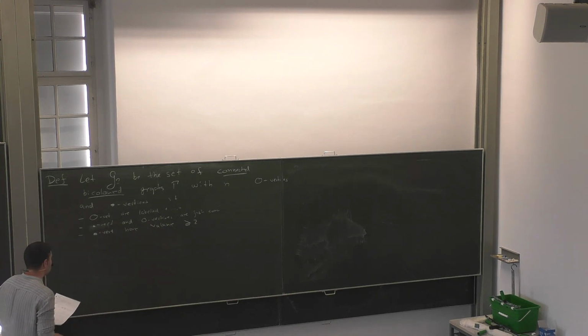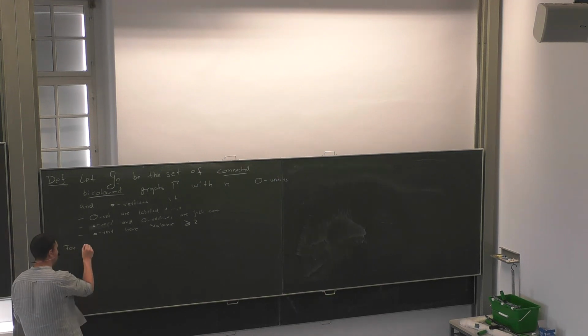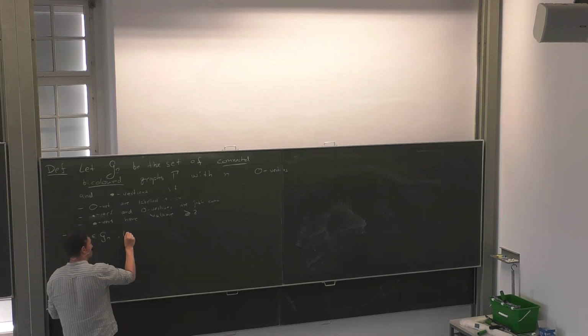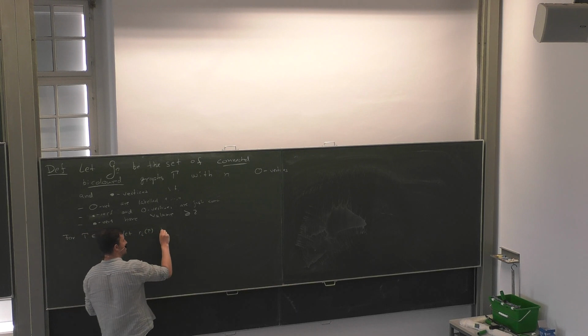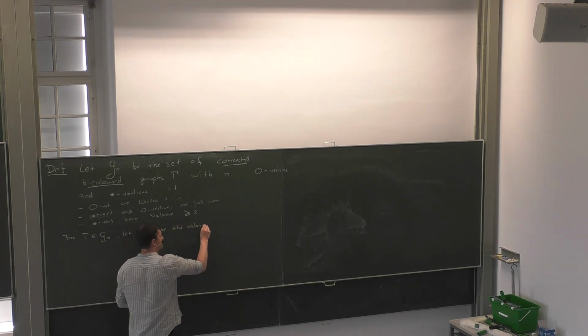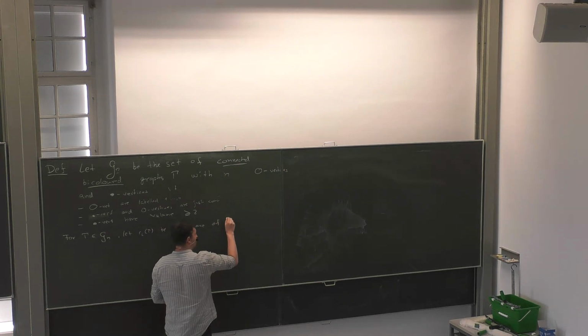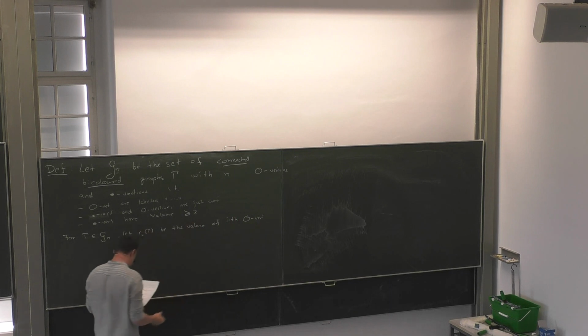We say also for a graph gamma in G_n, let R_i of gamma be the valence of the ith round vertex.